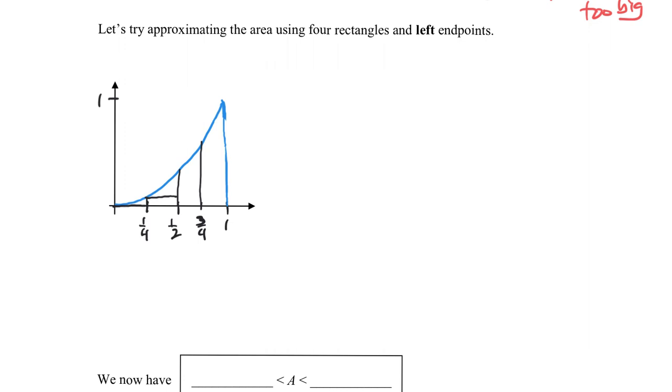And then, well, again, let me shade in what we want. We want all this, right? We want the blue. We want to find the area under the curve. So we come to the third rectangle, and again, we're going to use the left endpoint. So that means we will use this number to find the height, and then finally the left endpoint on the last one gets us here.